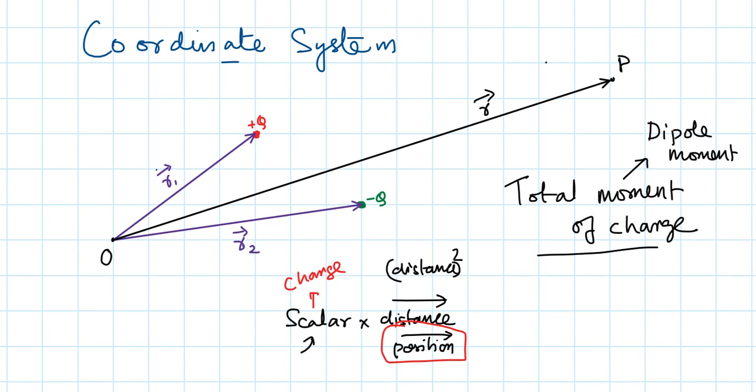So our moment of charge will look like some quantity mu, which will be a vector, of course, because we are scaling the position vector with the charge. So you are multiplying the position vector with charge, so we will get a vector again, and this vector is the moment of that particular charge.